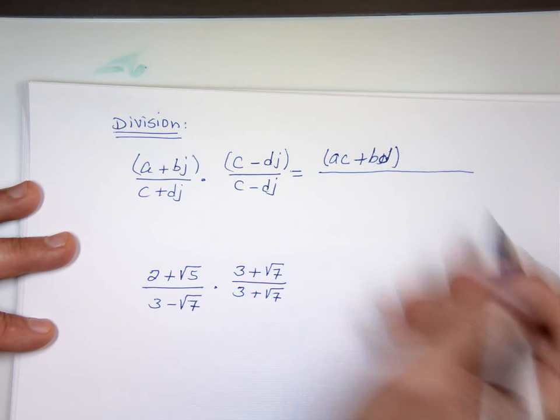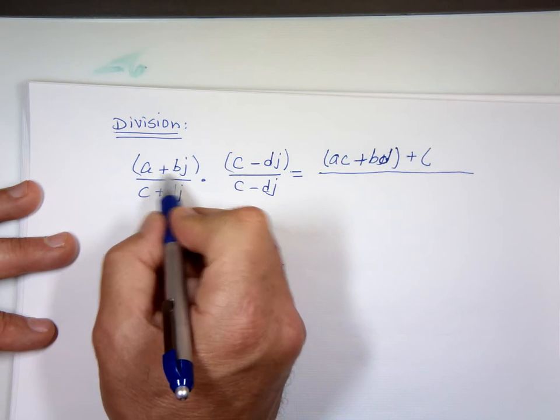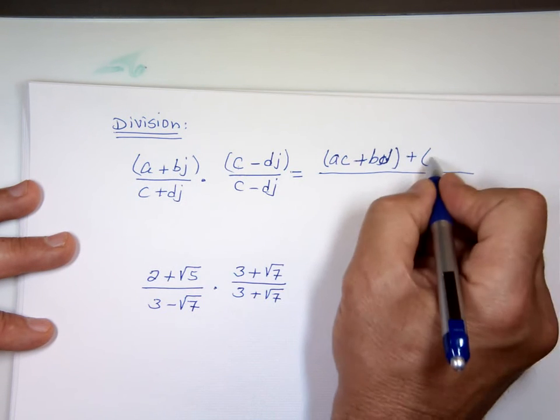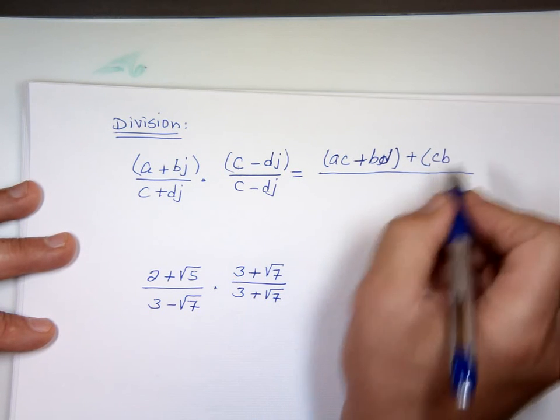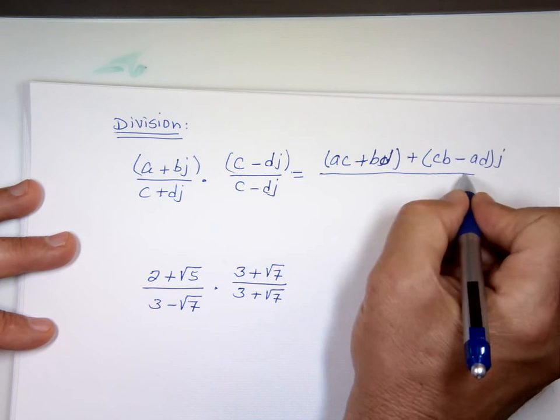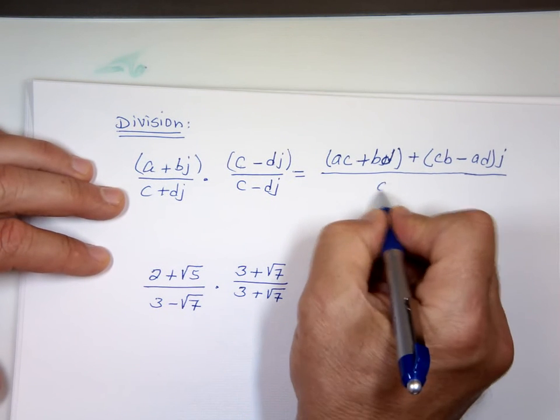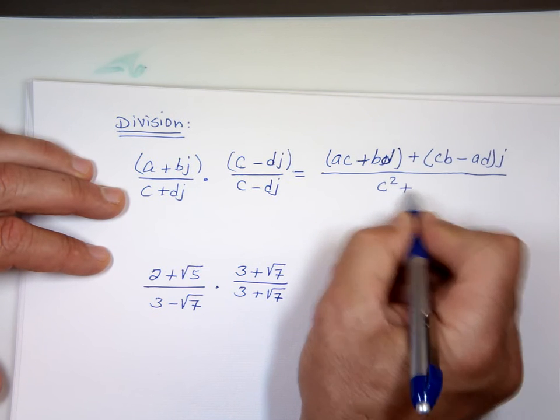And the imaginary portion j will be what? B times C, or CB, minus AD with the j. I'm going to do them in a minute, without memorizing this. The bottom, the middle pieces will cancel each other out. You're always going to end up with c squared plus, not minus, plus d squared.